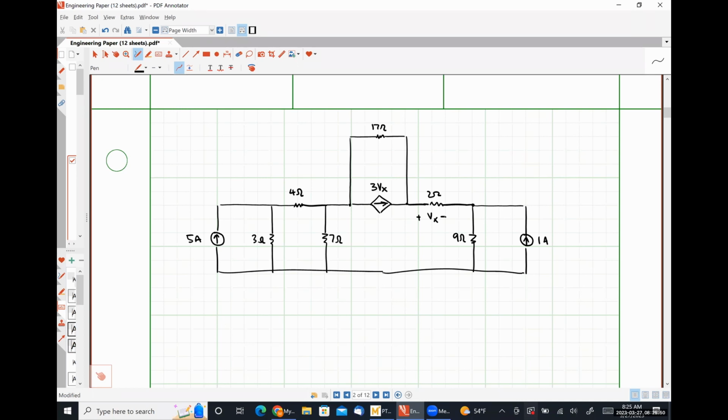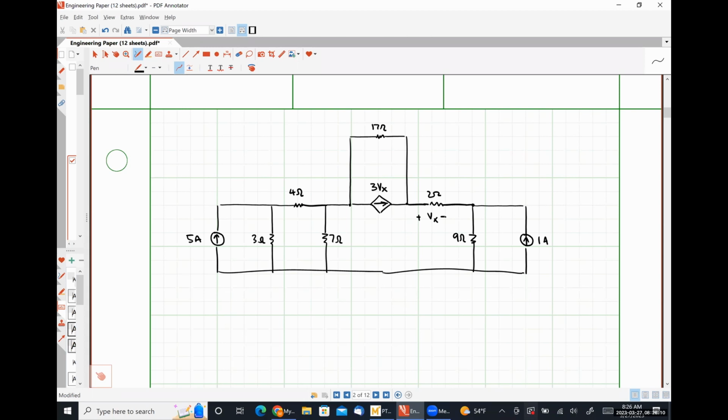So anywhere that I see a current source in parallel with a resistor, or anywhere that I see a voltage source in series with a resistor, I can replace them with an electrically equivalent practical source that could make my analysis easier, right?